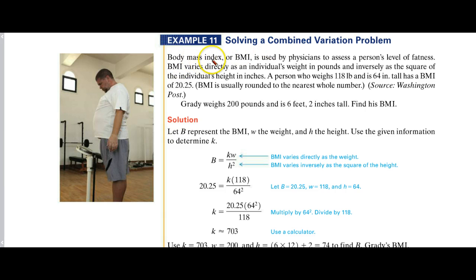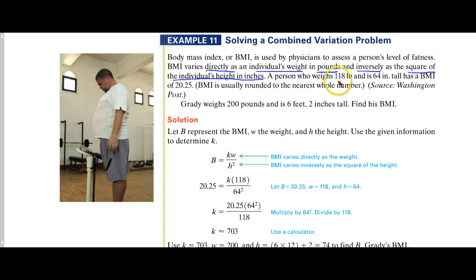In example 11, we're looking at body mass index, used by physicians to assess a person's level of fatness. And the way we do it is it varies directly as an individual's weight in pounds, and then inversely as the square of an individual's height in inches.